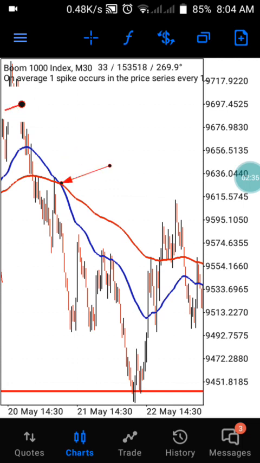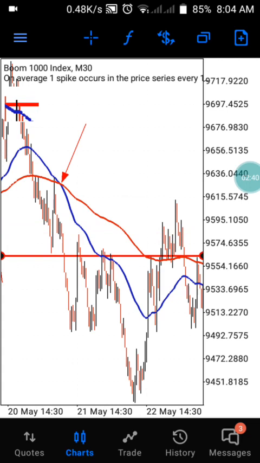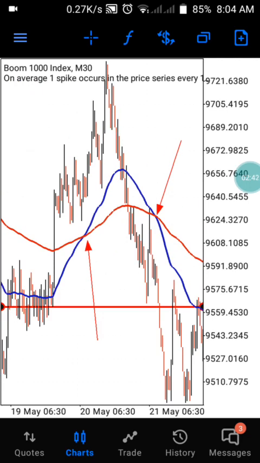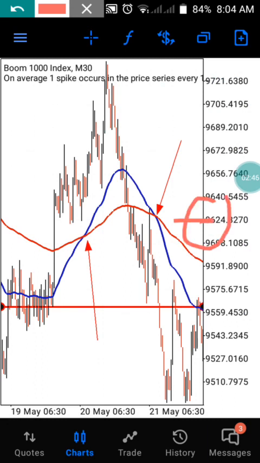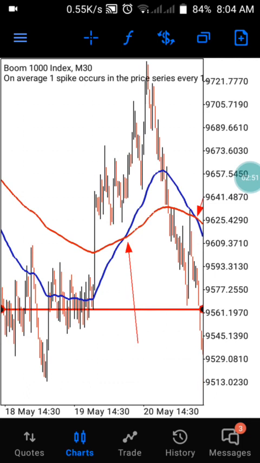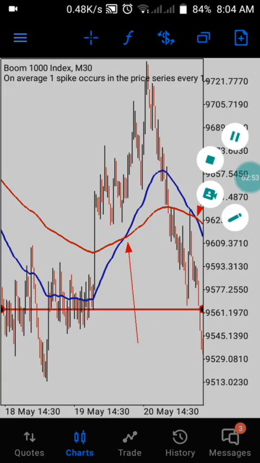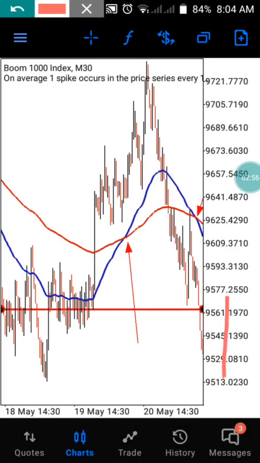Anytime we have the two moving averages crossing each other, you are going to place your chart closer to the price that we have at this area here. So we are going to move it closer. Once you move it closer, you look at the difference between these areas.